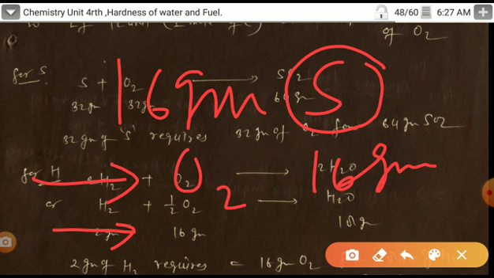After the combustion of sulfur it will form sulfur dioxide. So how much sulfur dioxide will be formed? 32 gram of sulfur dioxide will be formed.